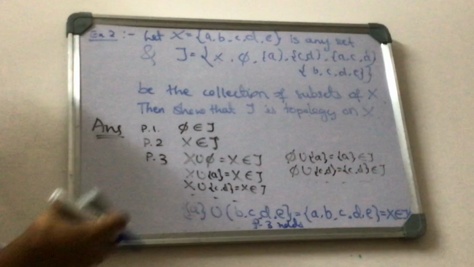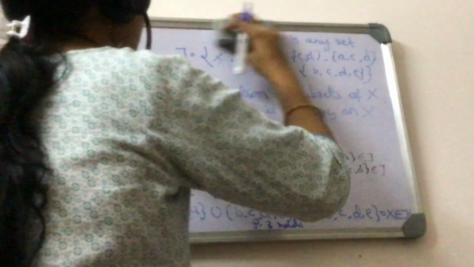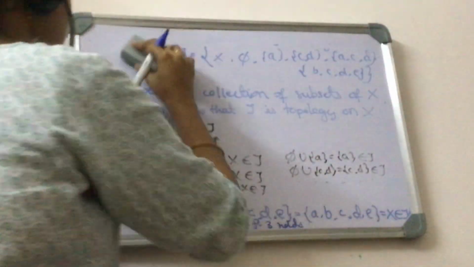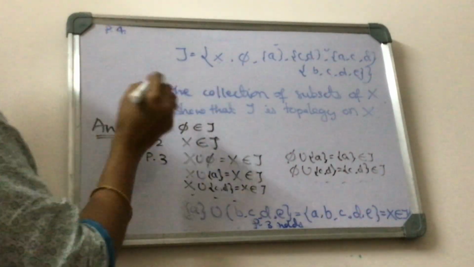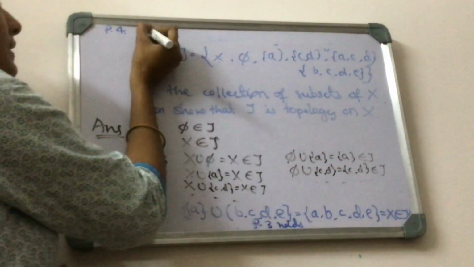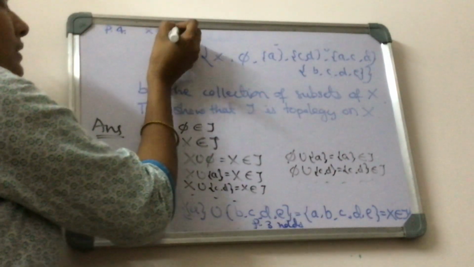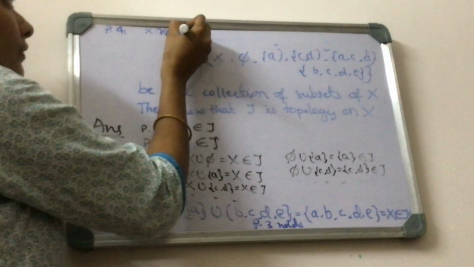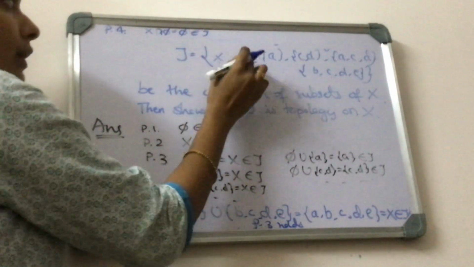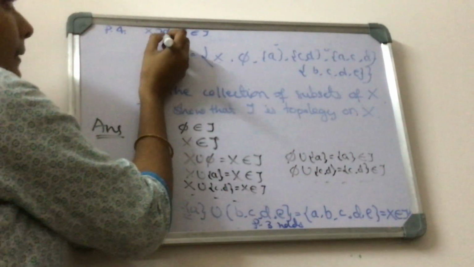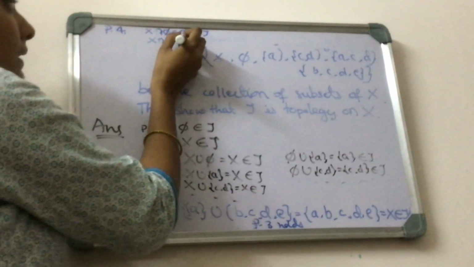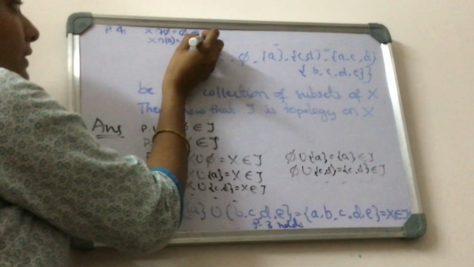Next P4. For P4, intersection. So X intersection phi is phi only. That belongs to tau. Next, X intersection A is A only, the singleton set A, which belongs to tau.